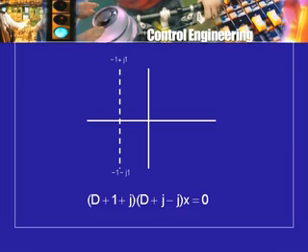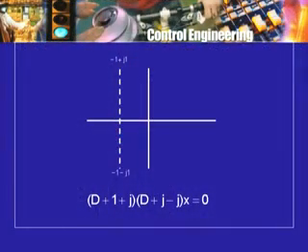And so what will be the factorization? The factorization will be D plus 1 plus j and D plus 1 minus j. And you can check that these two, when multiplied out, do give you D squared plus 2D plus 2. So now I have complex numbers inside the factor. So corresponding to this factor, the root is minus 1 minus j, and corresponding to this factor, the root is minus 1 plus j.